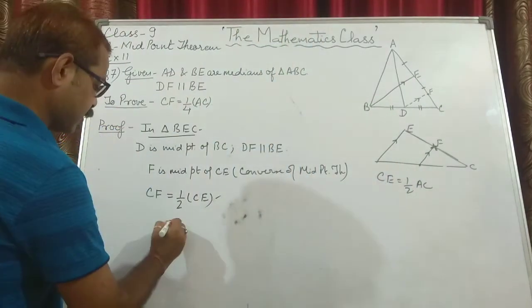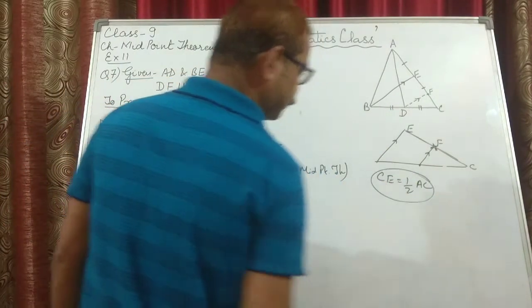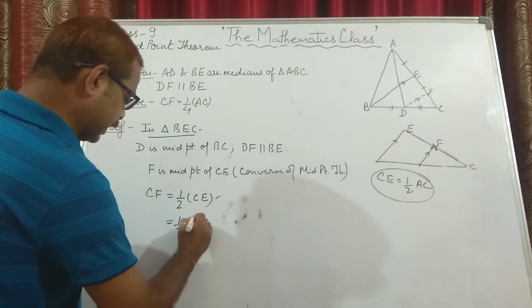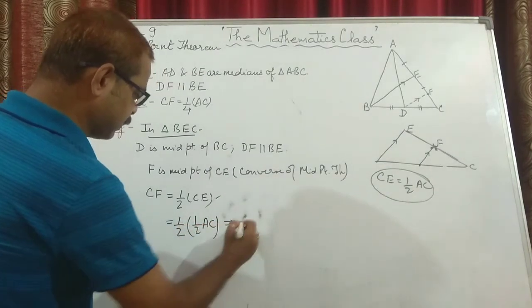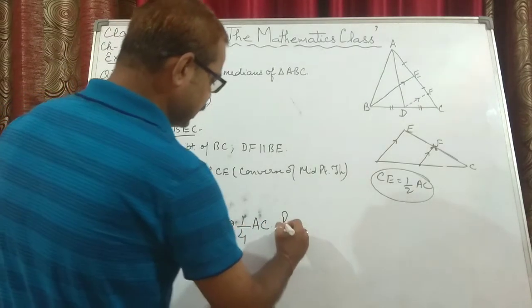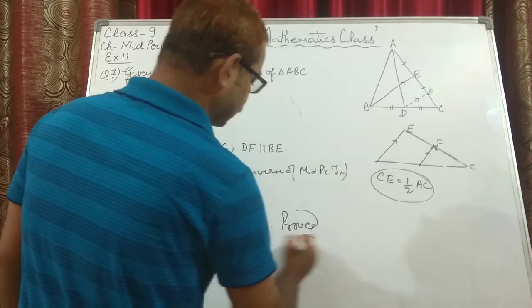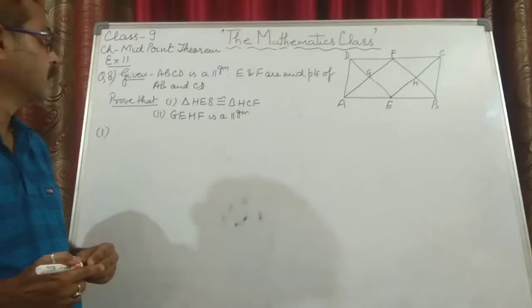So in place of CE, we can write the value half of AC. So we are writing 1 upon 2 of AC. When you open the bracket, or simply when you multiply, it will be 1/4 of AC, and that is your proof. Now we move on to the next question.